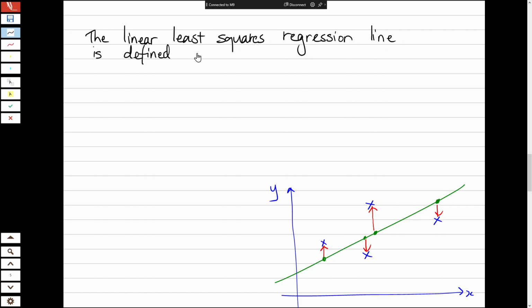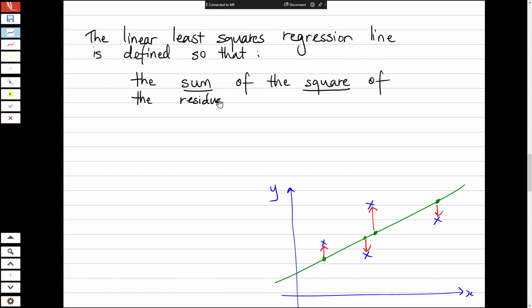Is defined so that, and here's the property, the sum of the square of the residuals is as small as possible.